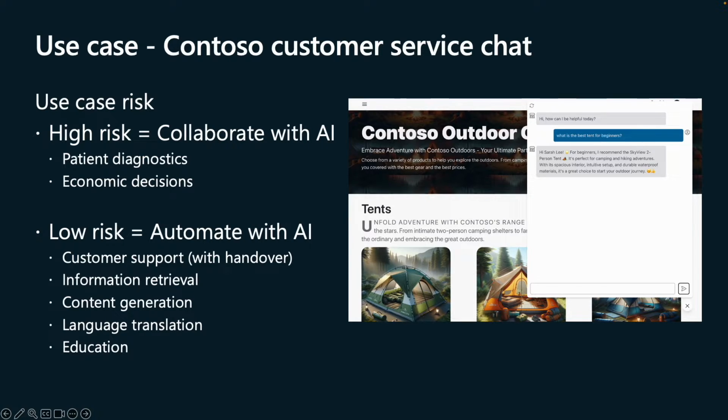That said, there are a lot of low-risk scenarios that you're likely to be thinking about inside your businesses. Customer support would be an example where you can probably provide a lot of support and it's relatively low risk. You can figure out if they're getting frustrated, then you can hand them off to a human. Things like information retrieval: I want to go to your site and find product information and stuff like that. Content generation. I love the concept around education.